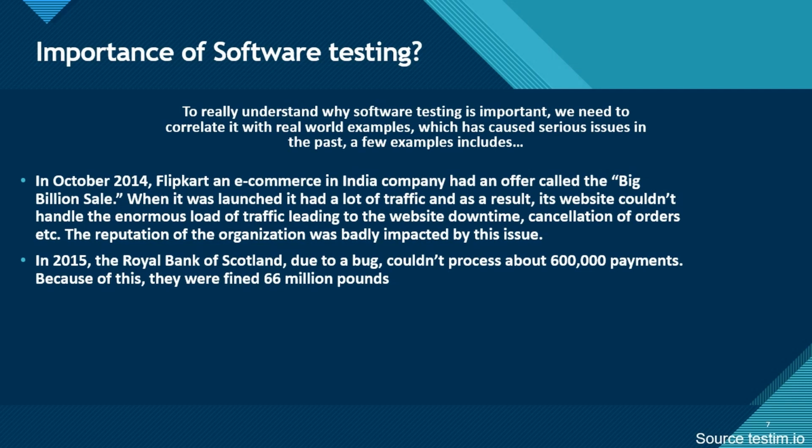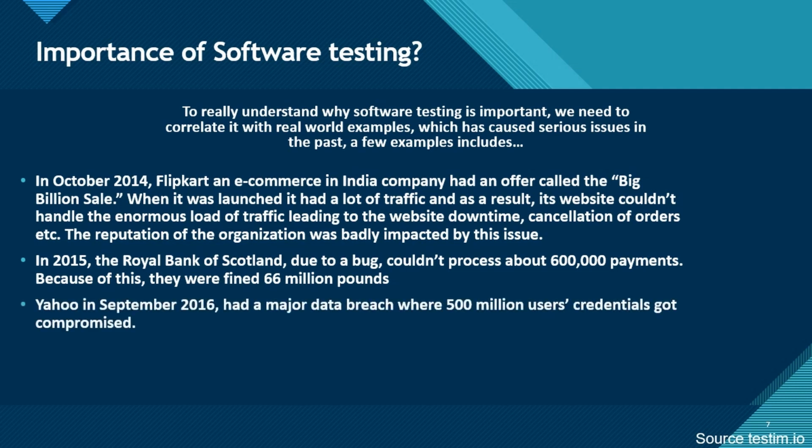In 2015, the Royal Bank of Scotland, due to a bug, could not process about 600,000 payments. Because of this, they were fined £66 million. Yahoo in September 2016 had a major data breach, in which 500 million user credentials got compromised.